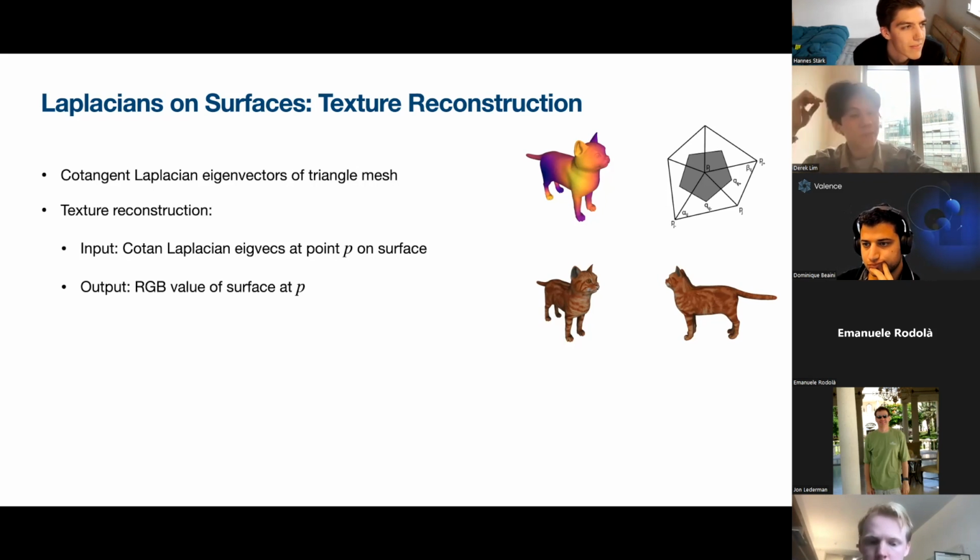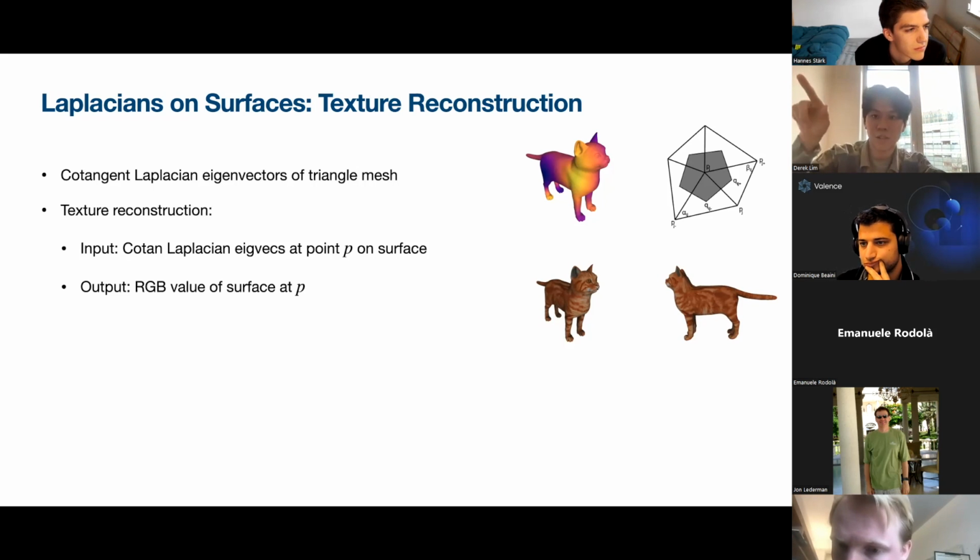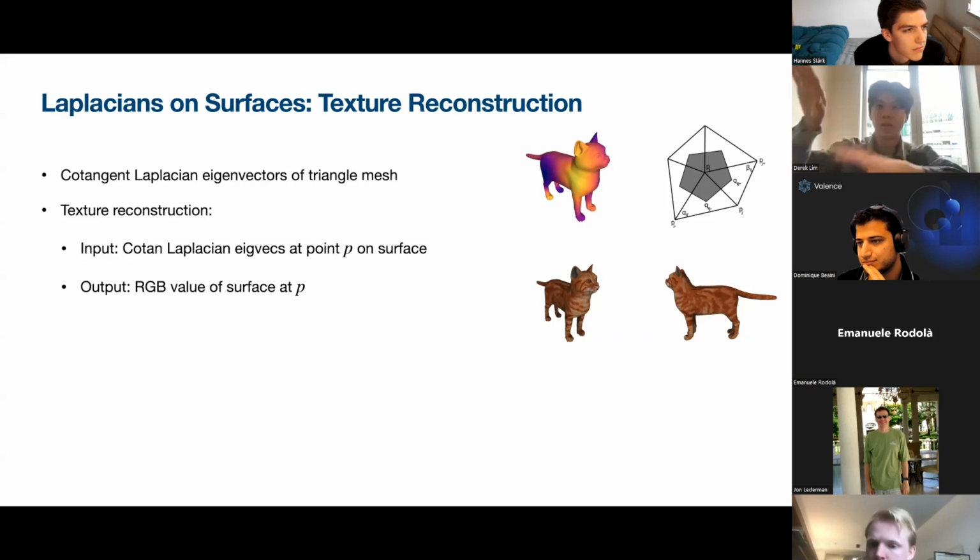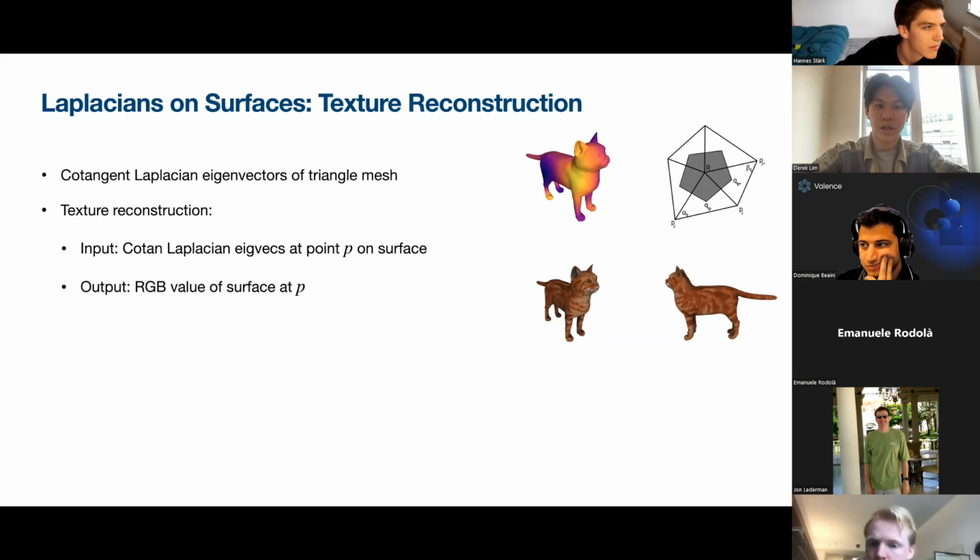They approximate the Laplace-Beltrami operator with discrete Laplacians on triangle meshes, like the cotangent Laplacian. It's basically just the graph Laplacian on the triangle mesh, except you have certain edge weights that are computed based on those angles in the top right. I've plotted one of the eigenvectors of this cat triangle mesh on the left, in purple and yellow. It captures a lot of structural information about triangle meshes.